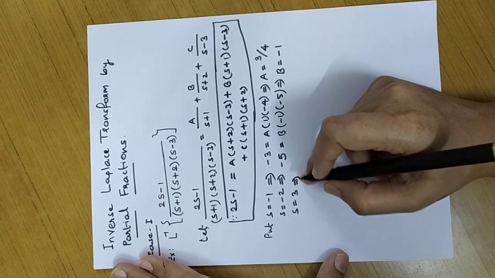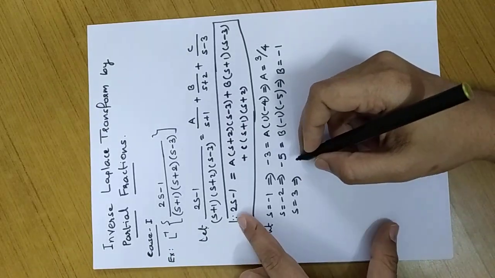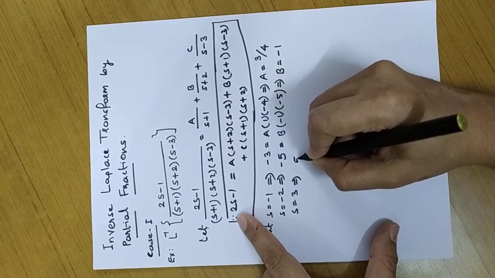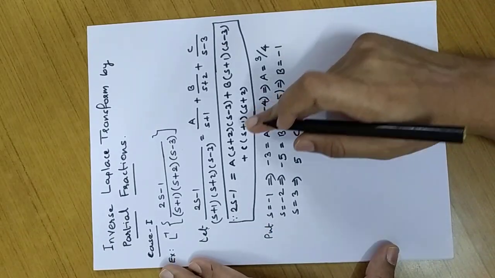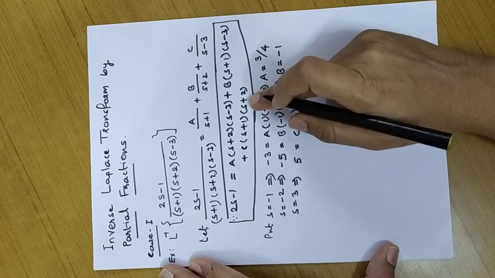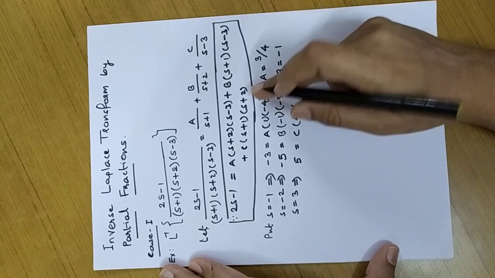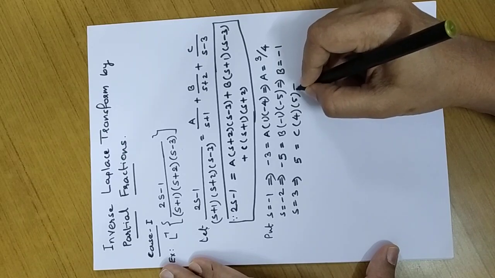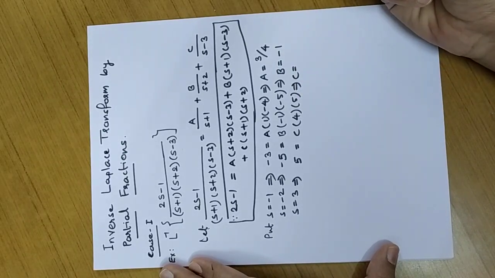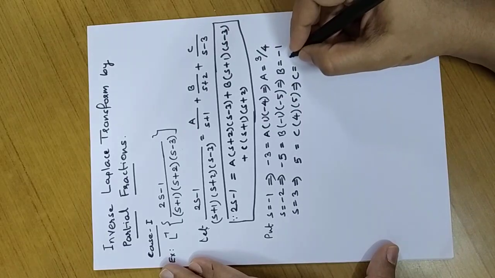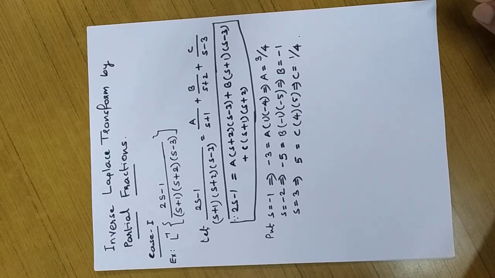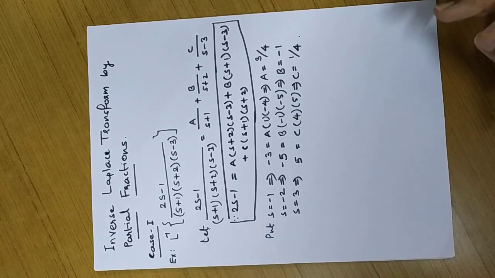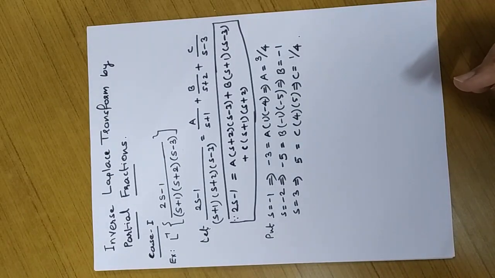The left hand side is 6 minus 1, which is 5, and C times 20 gives 5, so C is equal to 1 by 4. Clear? So we are getting the different values of A, B and C.